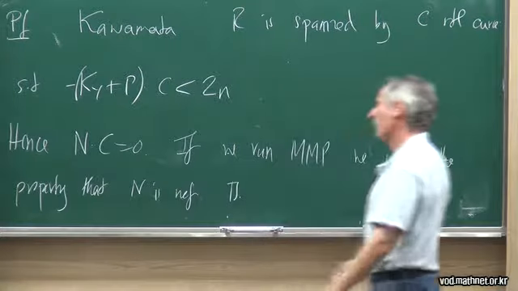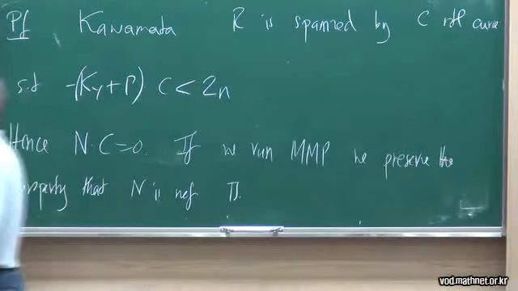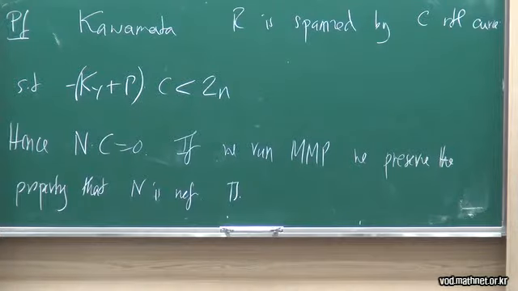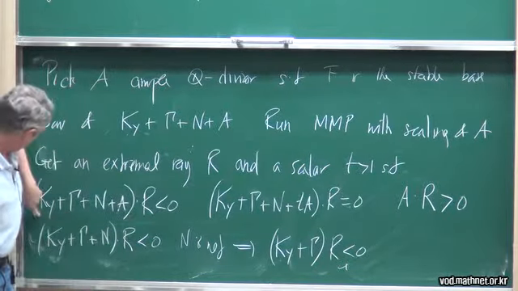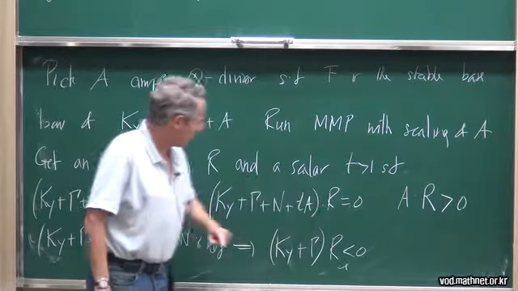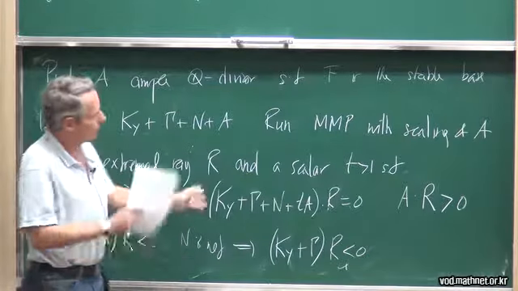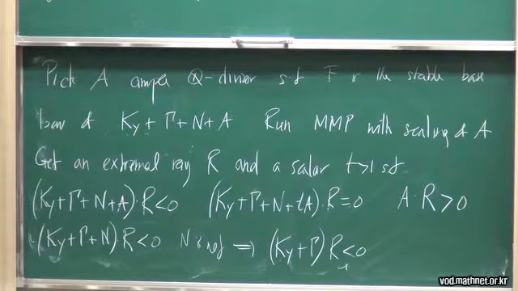And then that finishes the argument, because I know the MMP terminates. So the whole delicate issue is to make sure that every ray that you contract is necessarily n-trivial. And that's delicate because you want three things. You want it to be negative with respect to this, you want it to be 0 with respect to n, and you want the third thing. And normally you can arrange two things to be true, but not the third thing. Okay.